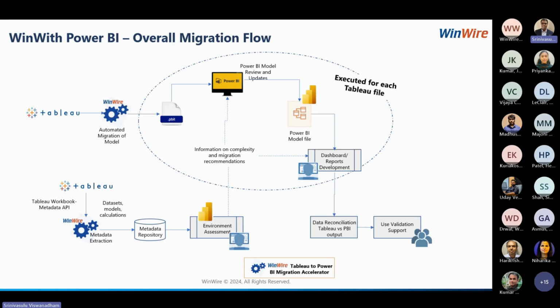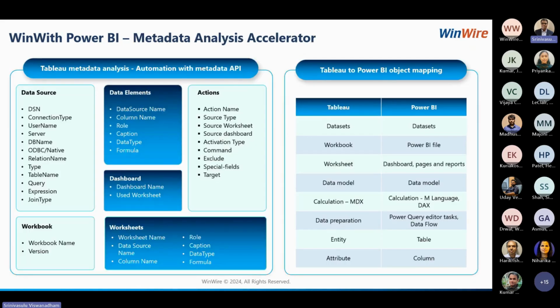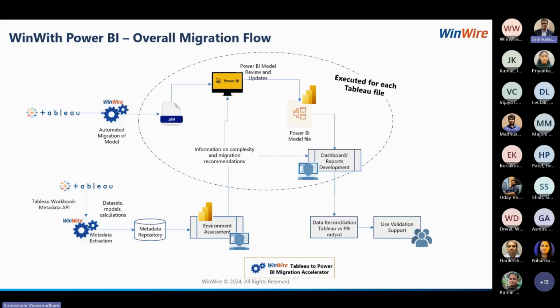Now, this is the usual migration and the automation we have done as part of this particular migration. In the earlier slide, I was explaining the metadata repository, what the API is actually fetching, right?